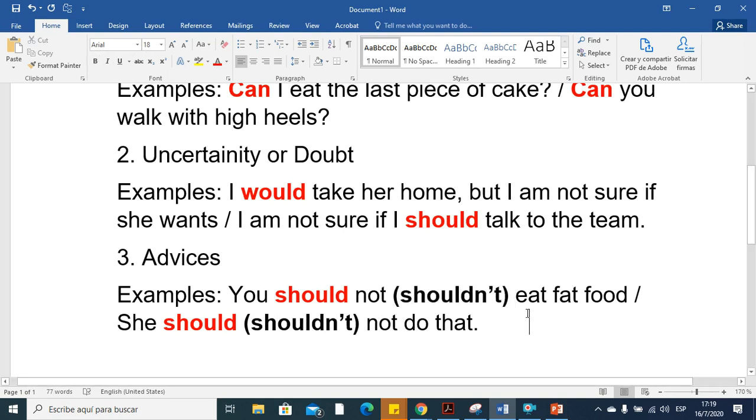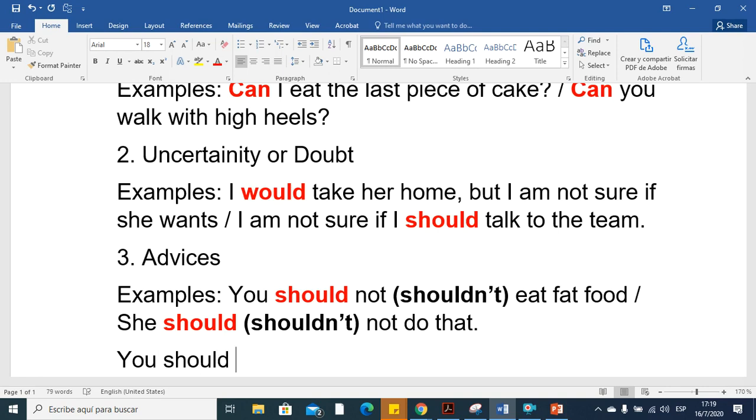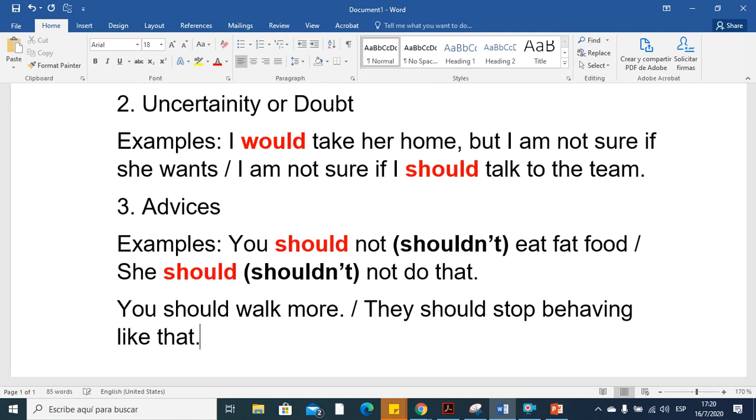Shouldn't. Now, we could do it in the affirmative way by saying, for example, you should walk more. Deberías caminar más. Or we can say they should stop behaving like that.